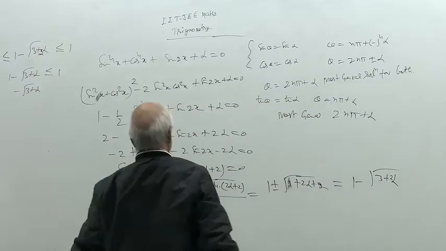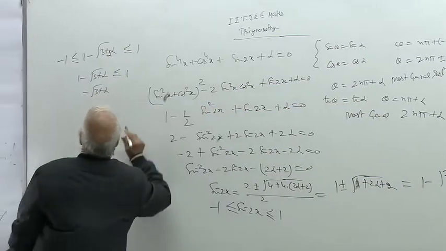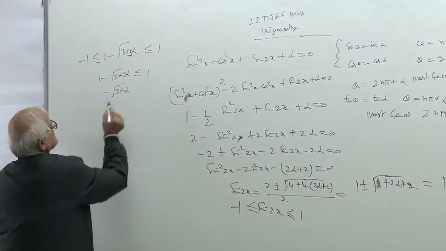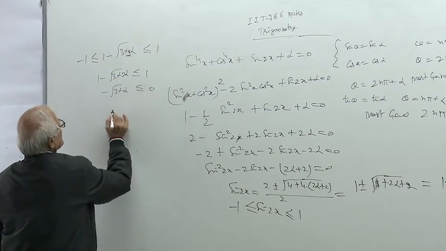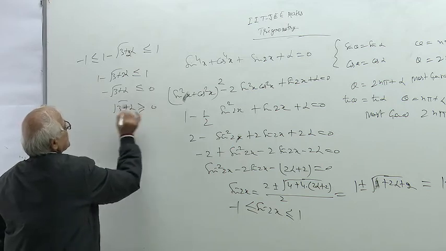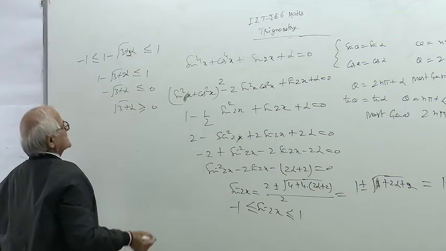2 alpha, 3 plus 2 alpha. So this is less than or equal to 0, or 3 plus alpha greater than or equal to 0. Take the minus sign.